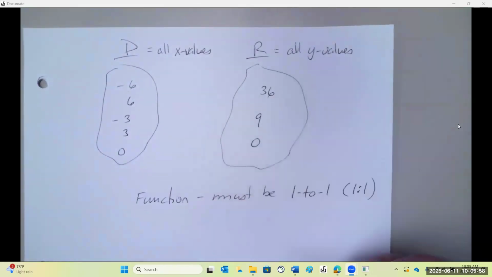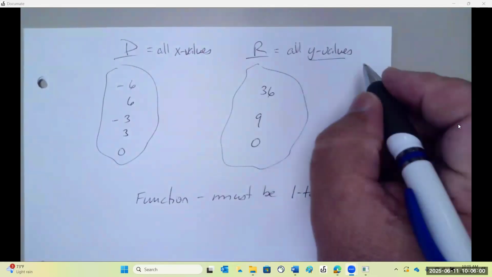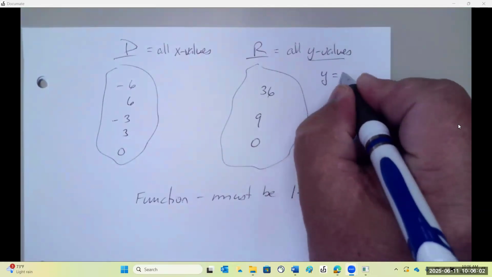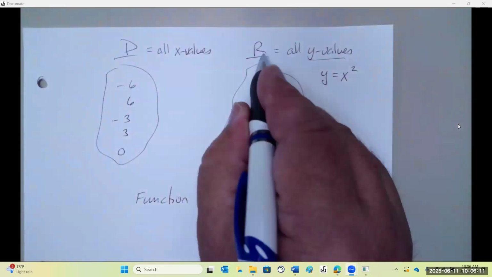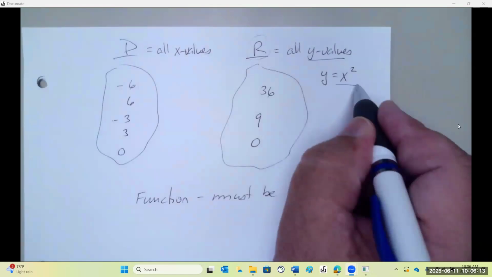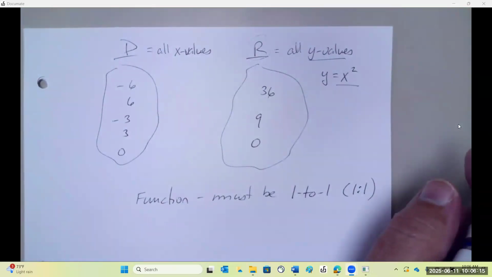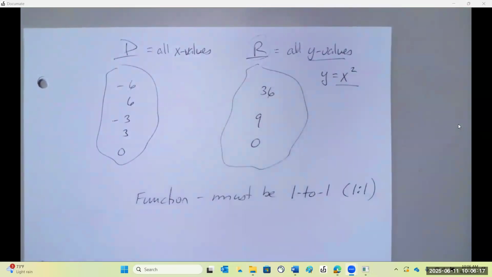The range deals with the Y values. What if the Y value, remember that's an equation. What if my range was that? What if my range, remember the range is the Y values. The Y equals an equation. So how would I do the mapping here? How to do the arrows?